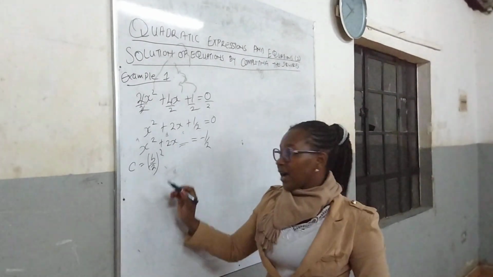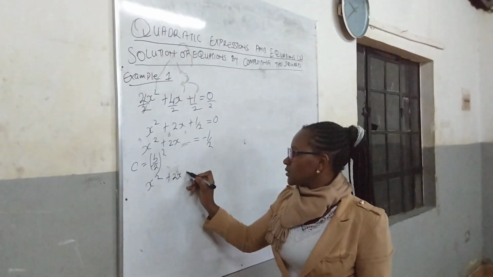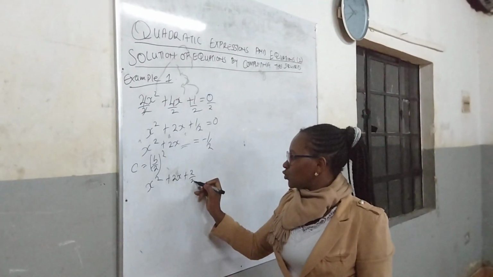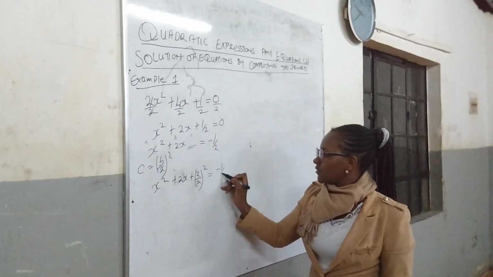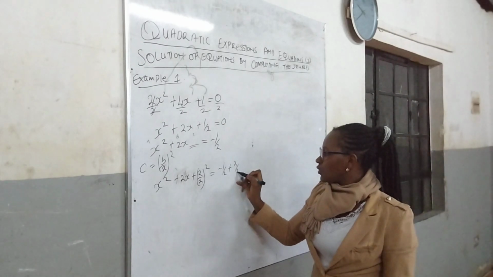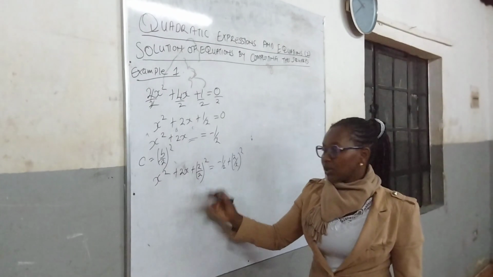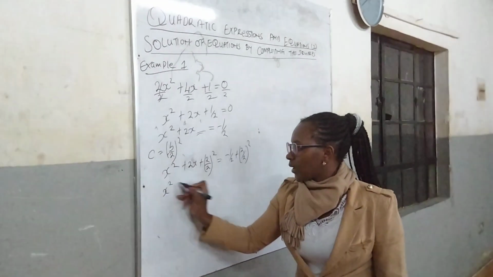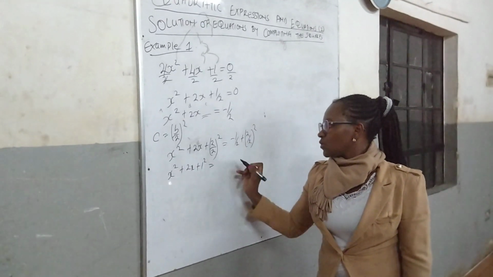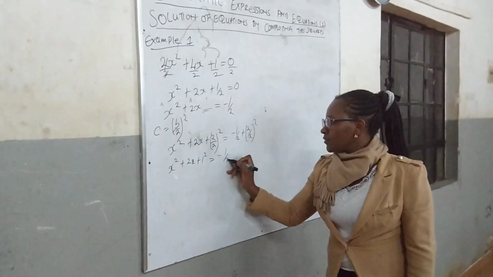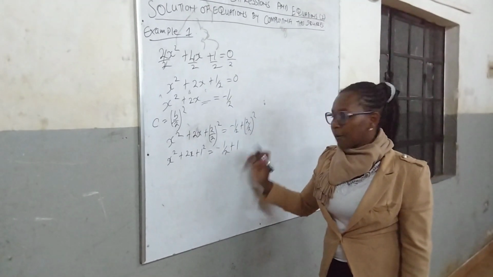So here we are going to have x squared plus 2x plus (2 over 2) squared is equal to negative half plus (2 over 2) squared. We can simplify 2 over 2, to get 1. So here we'll have x squared plus 2x plus 1 squared is equal to negative half plus 1 squared, which is equal to a half.